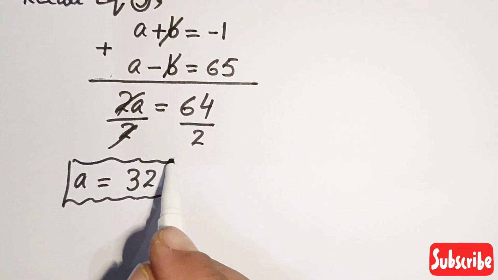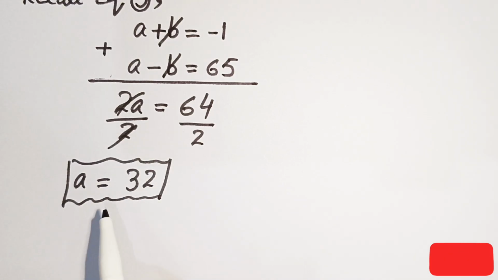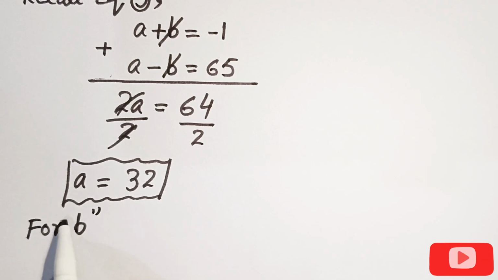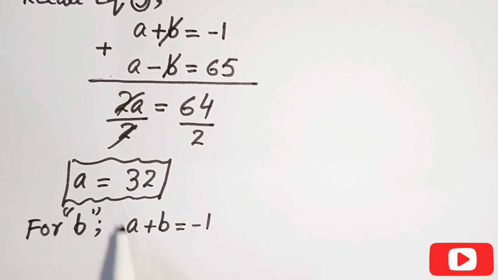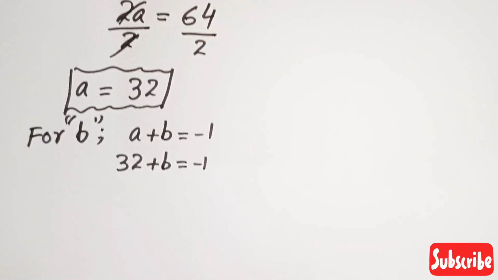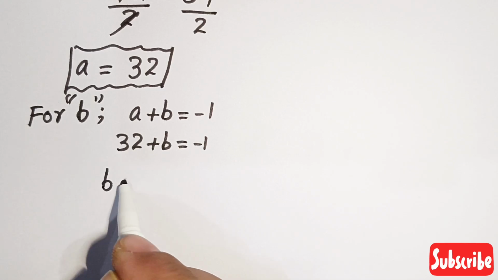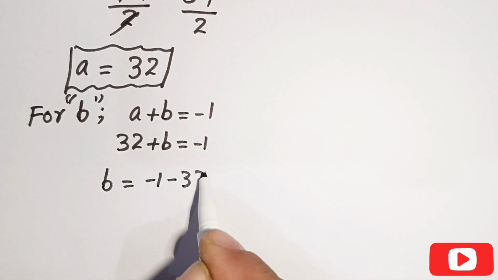Here we get the value of a, and for this value of a we have to find the value of b. For finding the value of b, we have our equation 3, a plus b is equal to minus 1, but a is equal to 32. Then the value of b will be b is equal to minus 1 minus 32.